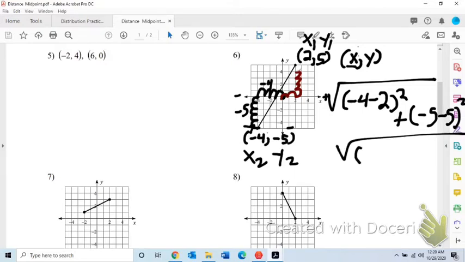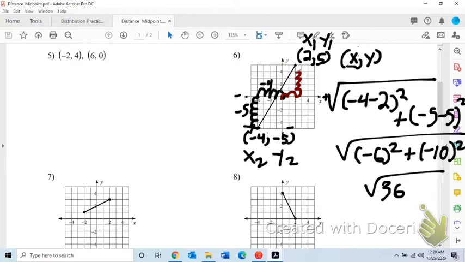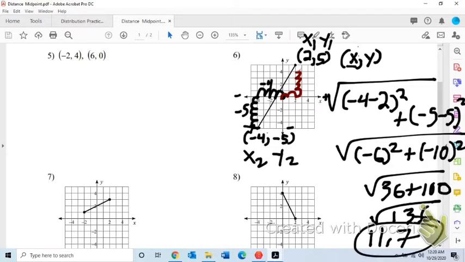Negative 4 minus 2 is going to give us negative 6 squared. Negative 5 minus 5 is negative 10 squared. Negative 6 squared is 36. Negative 10 squared is 100. So it gives us the square root of 136. Plug that into a calculator, and we get 11.7.